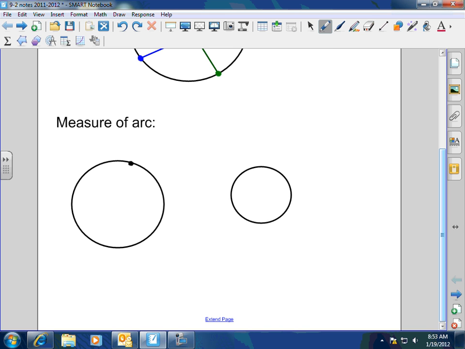Sometimes you're going to have something like this. Let's call this circle O. This angle here is called a central angle, and it's a central angle because it's an angle formed at the center of a circle. Does that make sense? This angle, we'll call it X degrees.